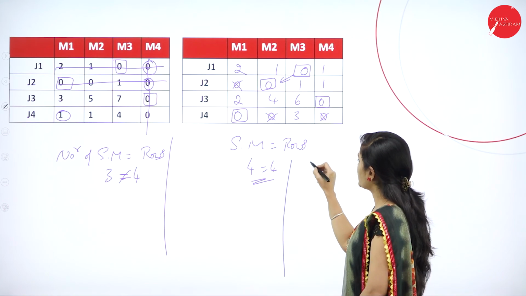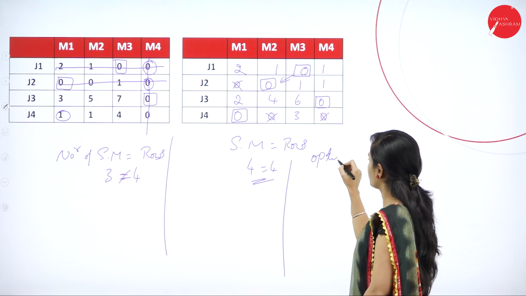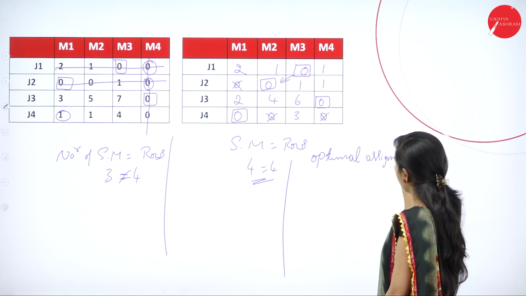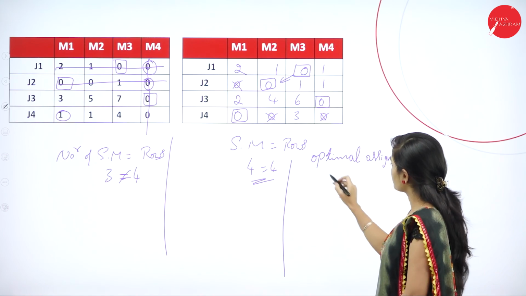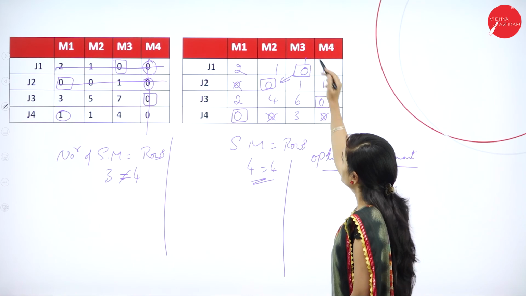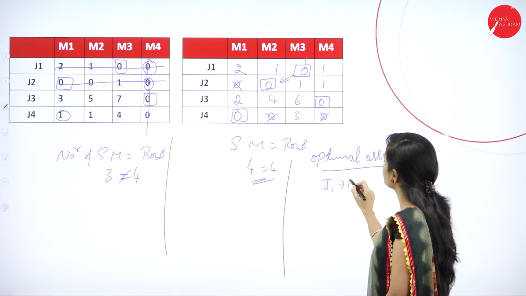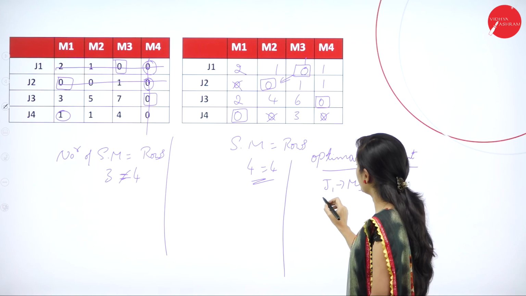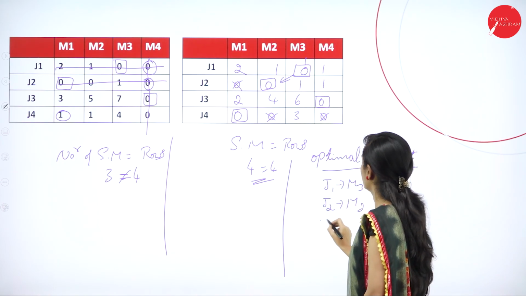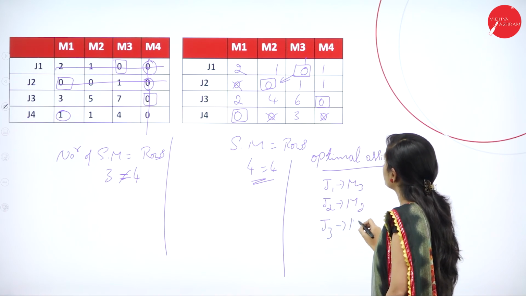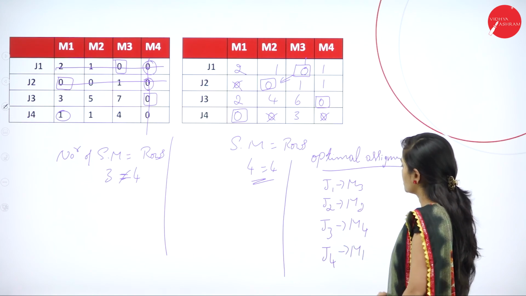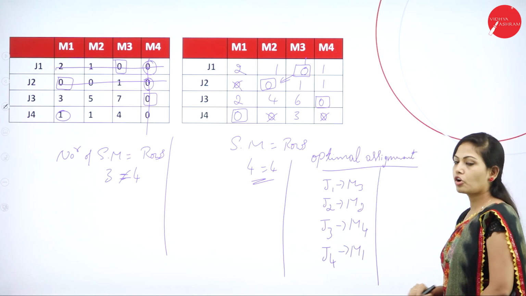So now the optimal assignment is J1 to M3, J2 to M2, J3 to M4, and J4 to M1. So now you can find the total cost.